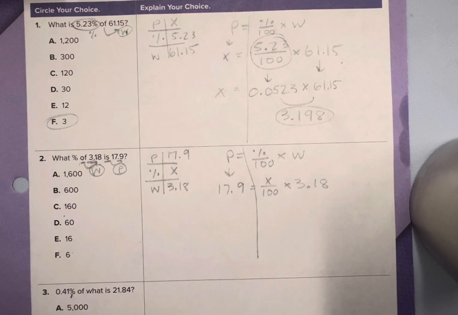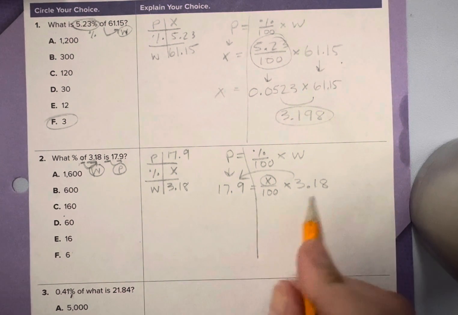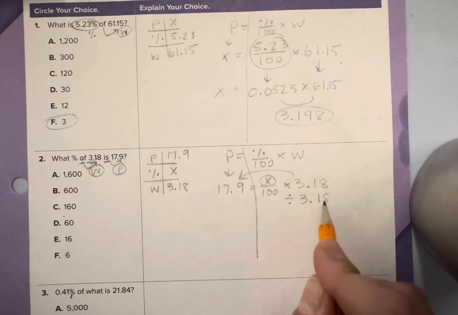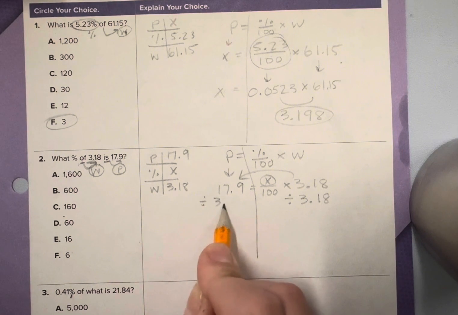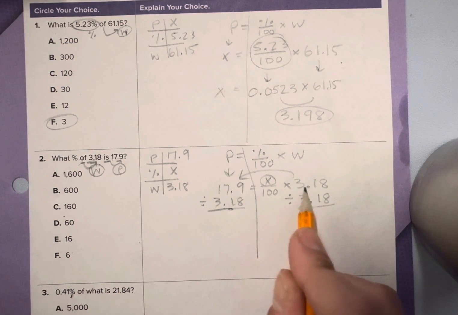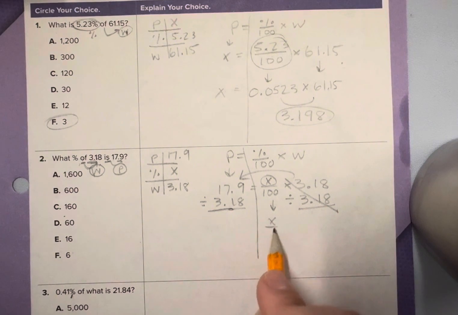Line down the middle. Remember, I want to get x alone, so I'm moving my number to the other side. The opposite of multiply by 3.18 is divide by 3.18. Here, these are the same. I'm dividing to cancel it. Bring down x over 100.